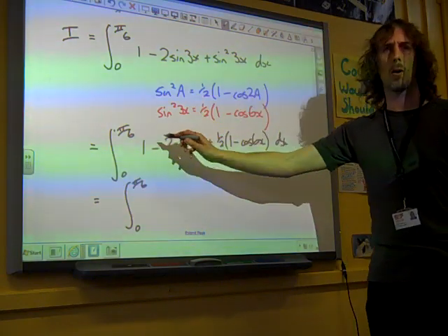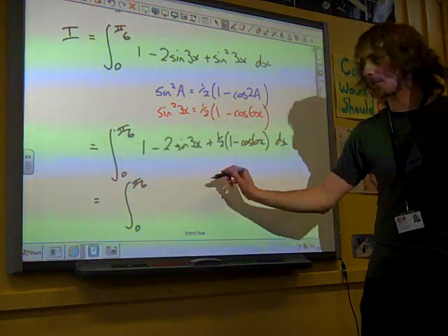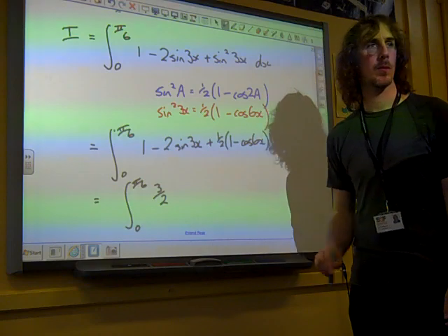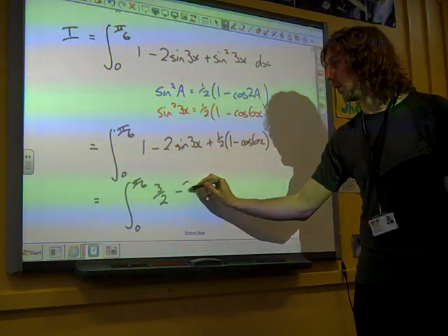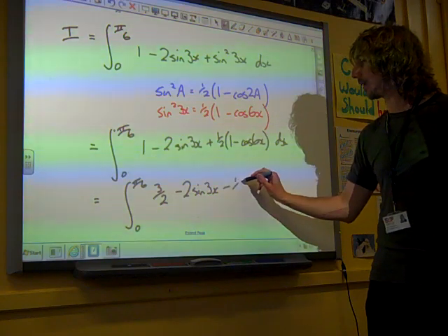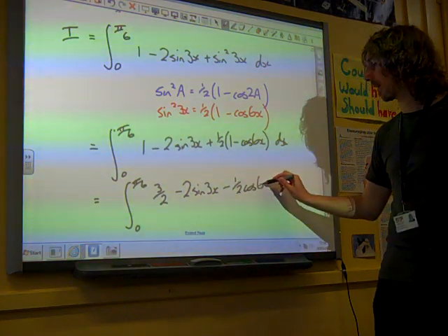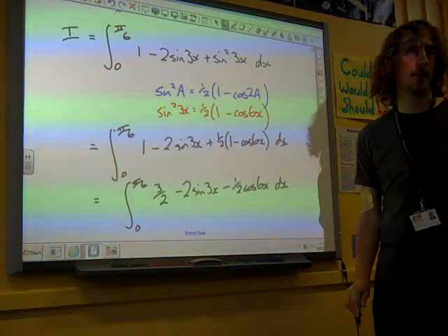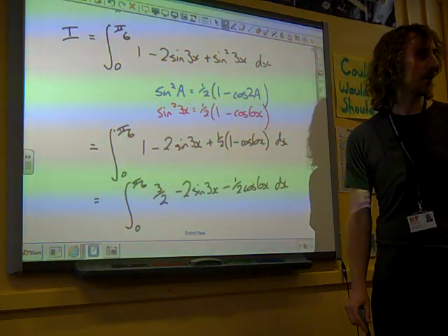I think I've got 1 plus a half there, haven't I? So that's 3 over 2. I've got a minus 2 sine 3x. And I've got minus a half cos 6x. Right. Now I'm ready to do some integration.